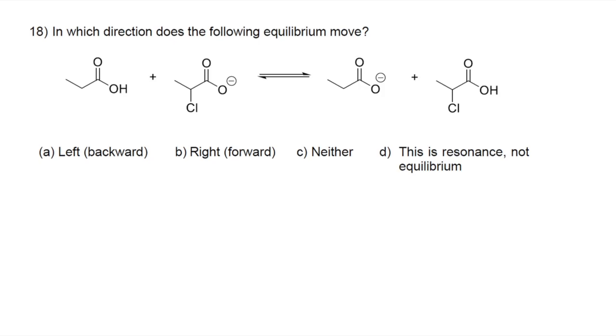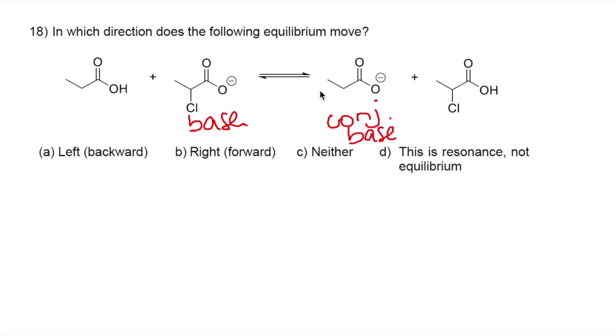Another question asking us where the equilibrium is going to go. So I went over it in a previous question about the basics of it, but now in this case, instead of comparing the 2 acids, we're going to compare the 2 conjugate bases, or the 2 bases, right? We're going to compare the base right here with the conjugate base.